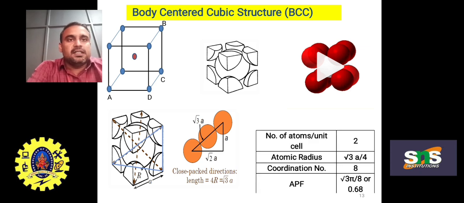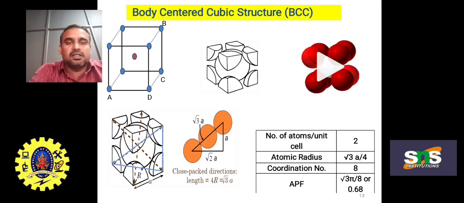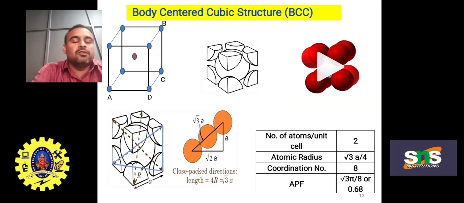Then next, BCC, body-centered cubic. So in the body-centered cubic system, as we studied about the simple cubic system, corner points 1 by 8 into 8 equal to 1 plus 1 full atom inside the unit cell. This atom only belongs to 1 unit cell, so 1 plus 1 equal to 2. Then atomic radius of BCC is a root 3 by 4.